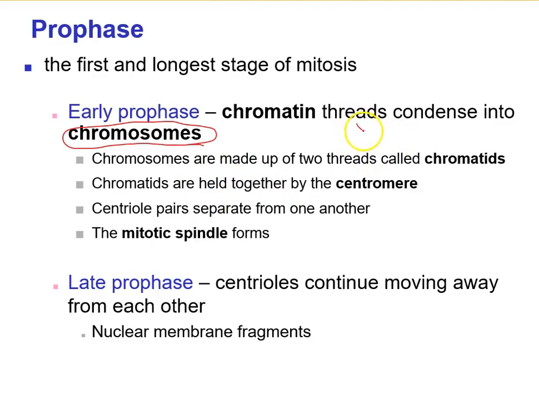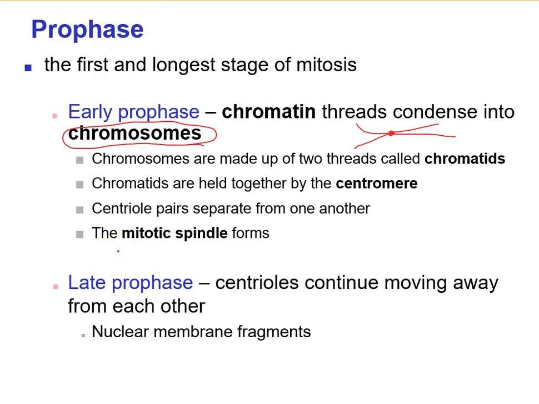We have 2 threads called sister chromatids, which, as I mentioned before, are held together by this button-shaped structure called the centromere. And also the centriole pairs, which we copied during the interphase, are separating from one another. And then the mitotic spindle begins to form.